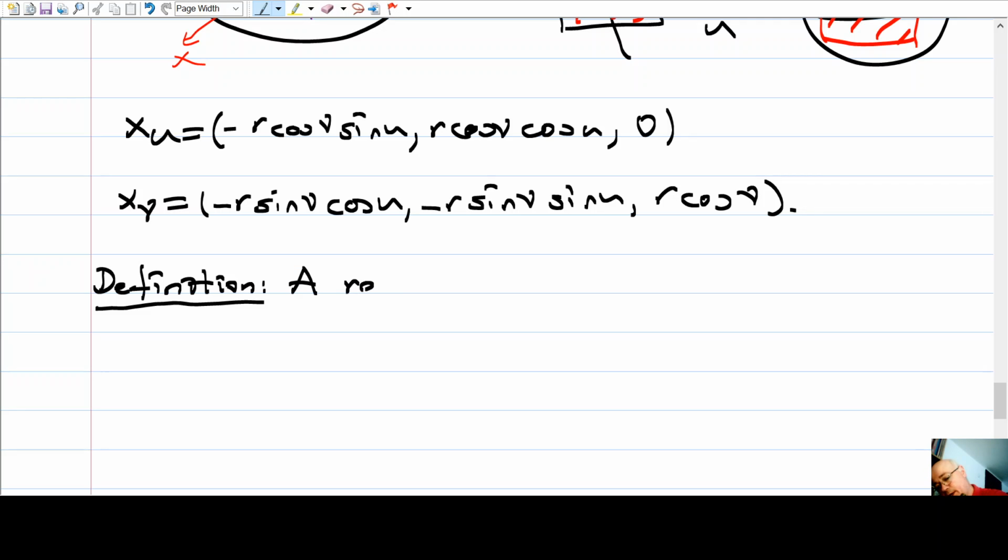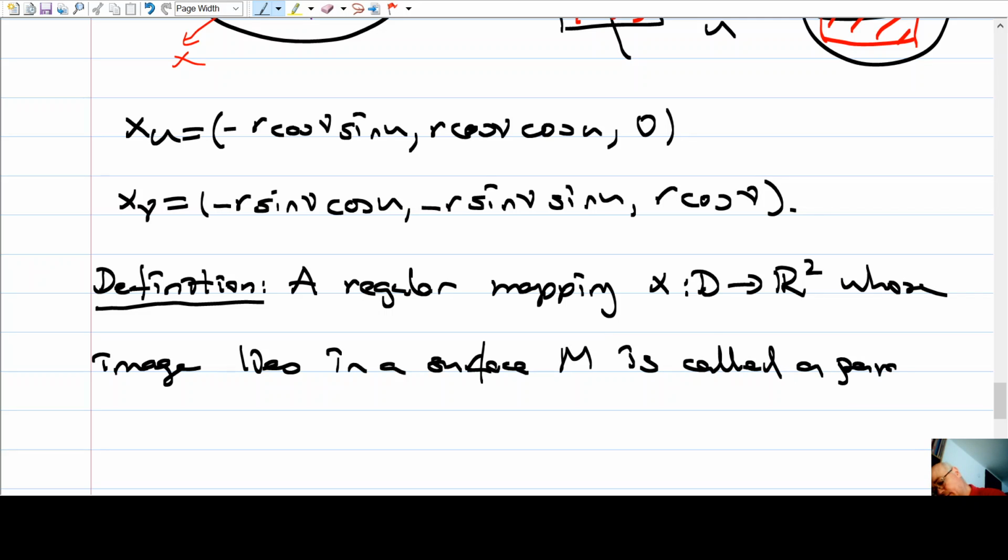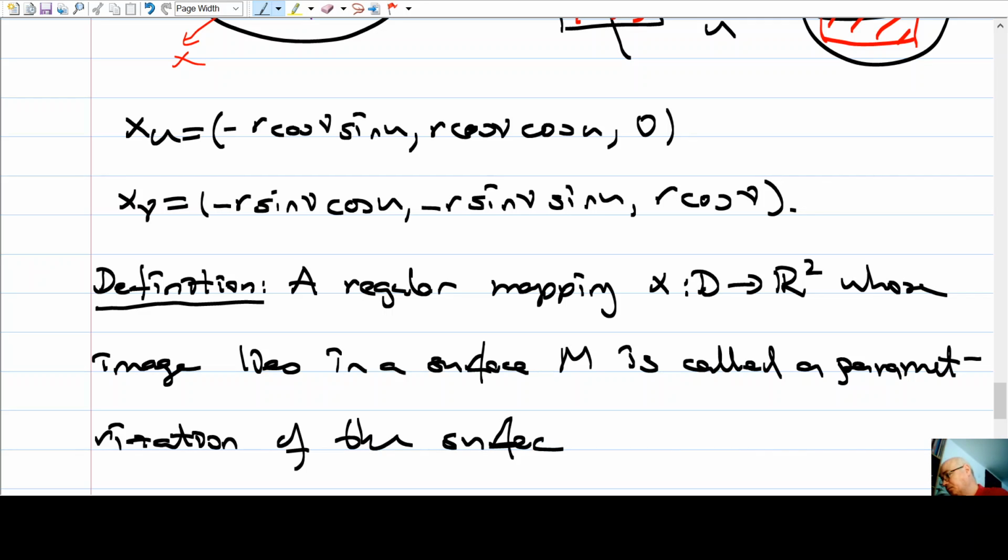So again, a regular mapping x from D to R2, whose image lies in a surface M, is called a parameterization of the region x of D of M.